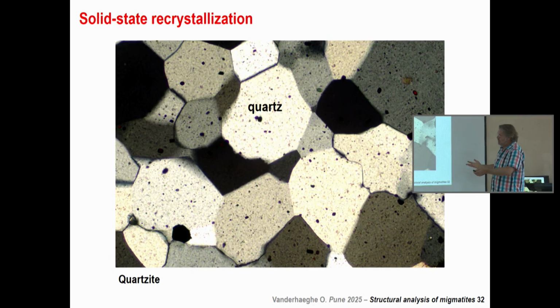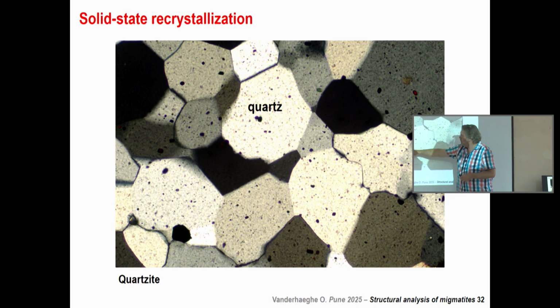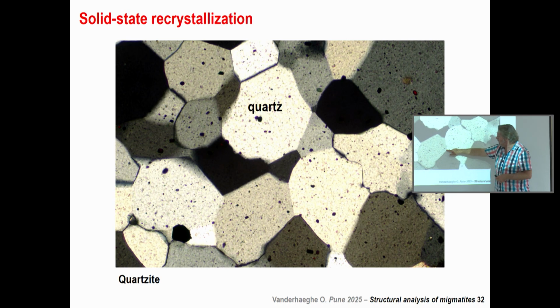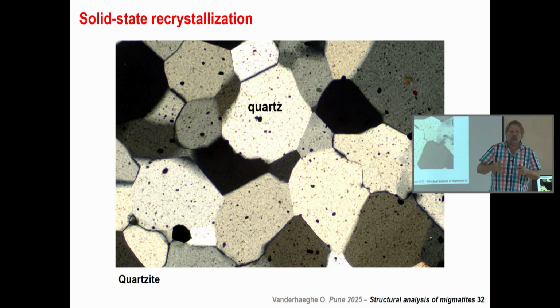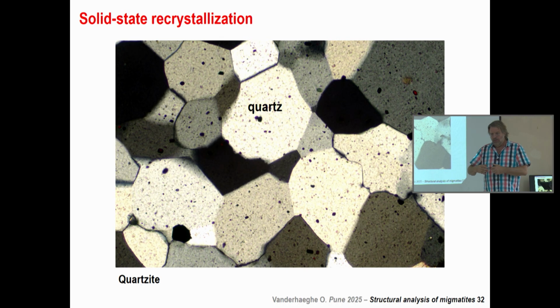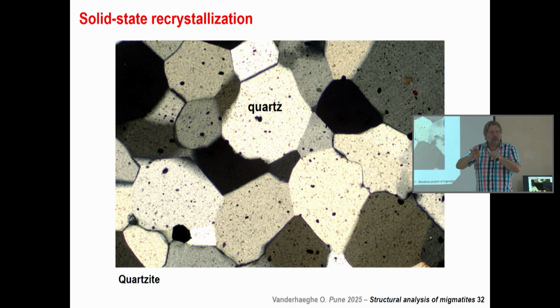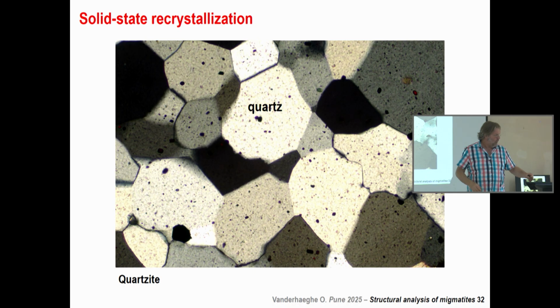Because rocks that are metamorphic and coming from more than 20 kilometers depth, usually the microstructure looks like that, with angles between quartz crystals of 120 degrees that reflects reequilibration according to the surface tension force.